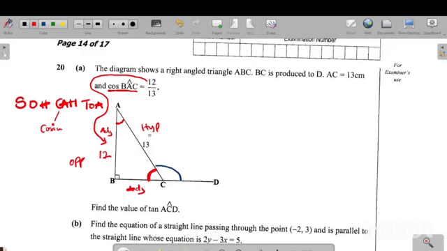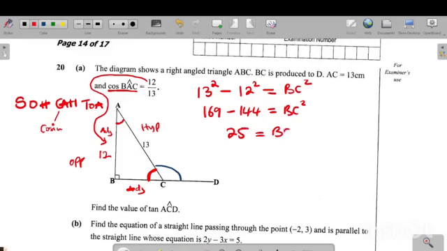If you've been given the hypotenuse and one of these sides, you are supposed to subtract the squares to find the other side. So we are going to do 13 squared minus 12 squared, which gives BC squared. 13 squared is 169, minus 12 squared, which is 144. 169 minus 144 is 25, equal to BC squared.